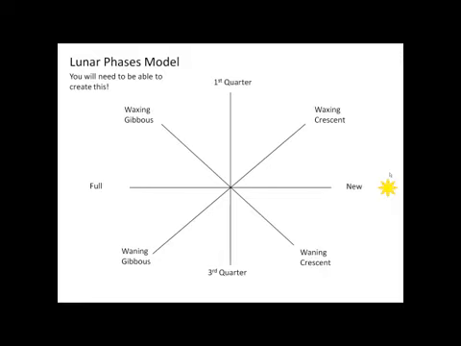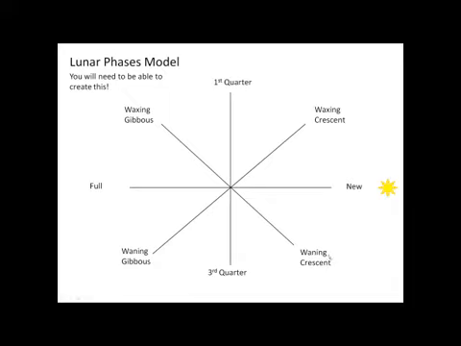This is the model that you'll need to be able to create for quizzes, for the first exam, and for the final exam. So you need to understand the geometric relationship with the sun here, the new moon here, the waxing crescent here, first quarter at this location, waxing gibbous, full moon, waning gibbous, third quarter, waning crescent.